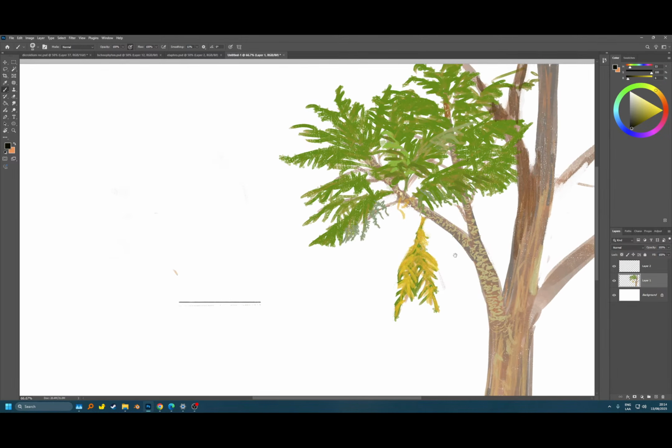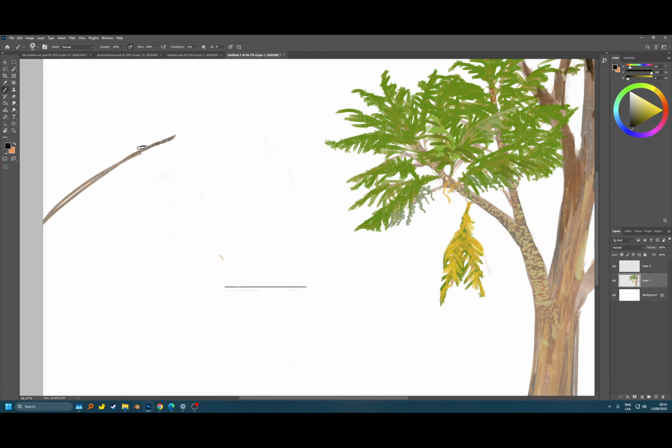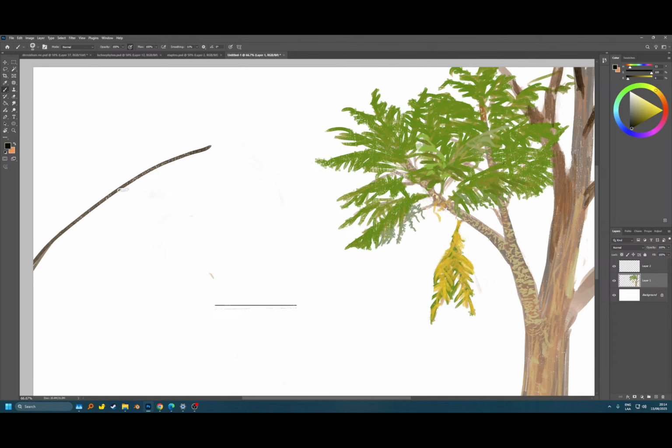I'm going to have this branch here of the Zuberia type of branches, and I'm going to have another one here of the Johnstonia or Dicroidium odontopteroides, the plant beside it.